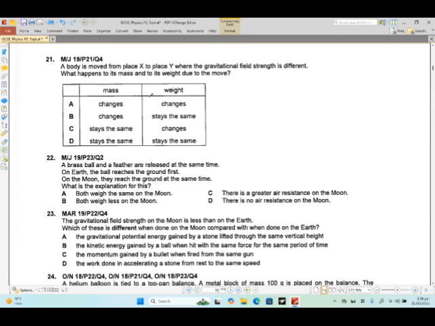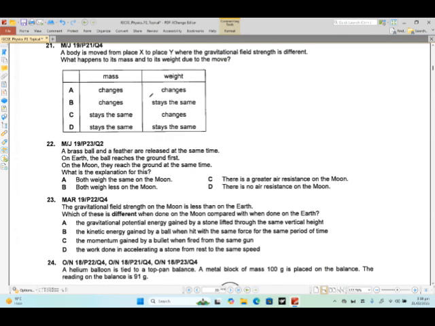Okay, question number 21 states that a body is moved from place X to place Y where the gravitational field strength is different. What happens to its mass and the weight due to the move? Okay, we already know that mass does not change anywhere, because mass does not depend on the gravitational field strength.